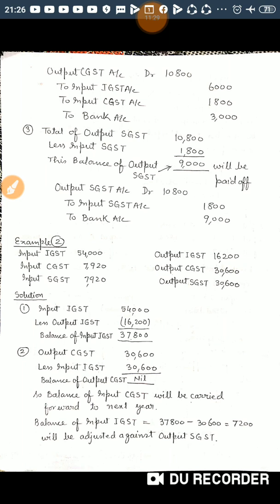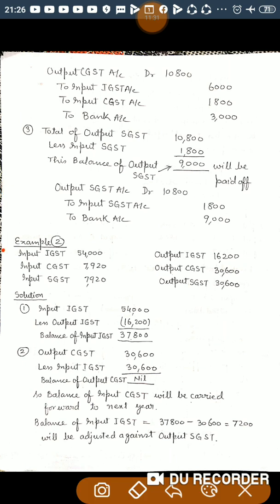Now I'm taking a second example for more understanding. In this example, these are imaginary amounts I have taken to explain how to set off when it is given in the question. This is part of the question. Input IGST is given 54,000, output IGST is given 6,200.